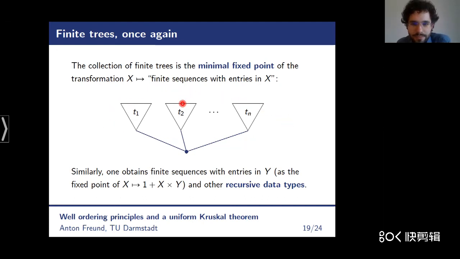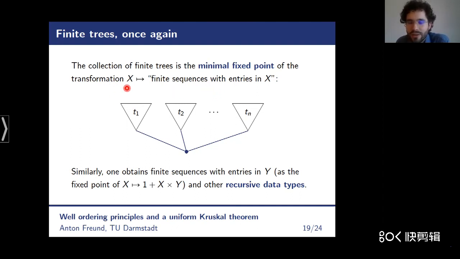And to see that the finite trees are a fixed point of that operation, it's basically enough to look at this picture here, because what you can see here is that in the upper half, you have a finite sequence of trees, T1, T2, and so on to Tn. So you have, in a sense, an element of the right side here, a finite sequence of objects.